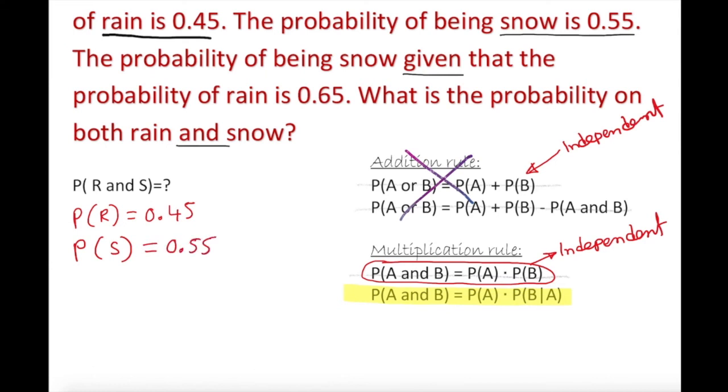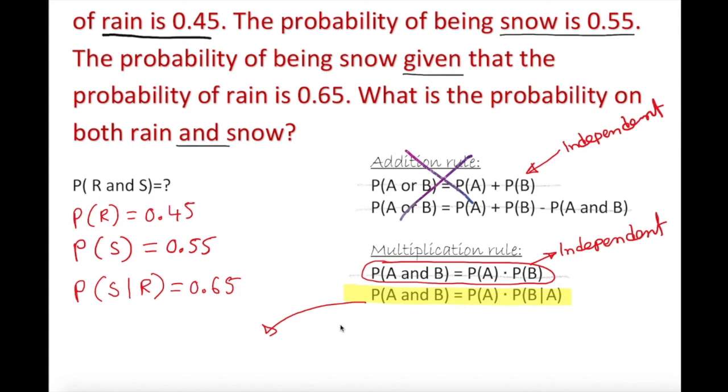We also notice the probability of snow given rain, so we know the conditional one: the probability of snow given rain is 65%. Now we just use this formula. In this case, event A is rain and event B is snow. This is the best formula to use because they are looking for the probability of rain and snow. Instead of A, I have R, and instead of B, I have S.